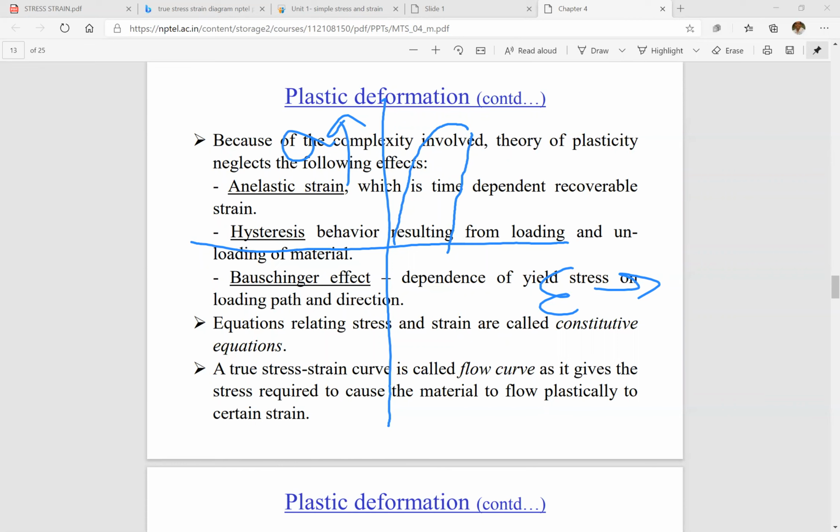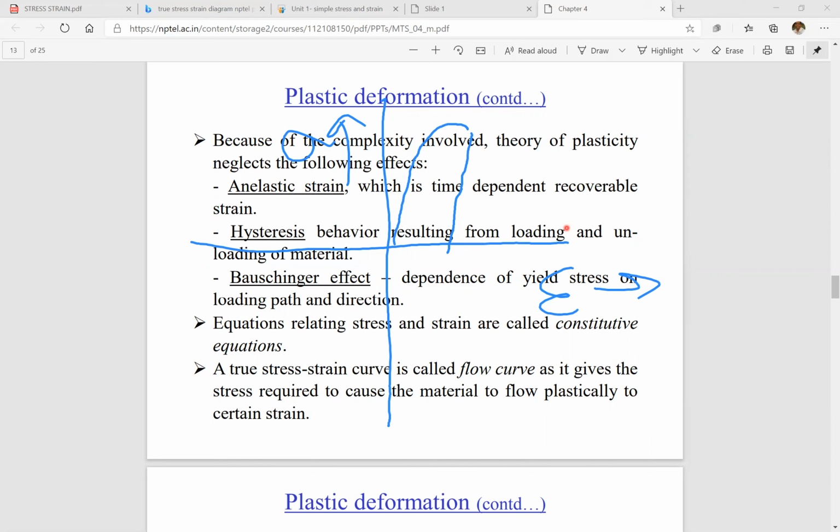In this case we are loading the material in tensile stress. At this point, if we apply the compressive stress, the stress strain diagram will be like that, in that manner.